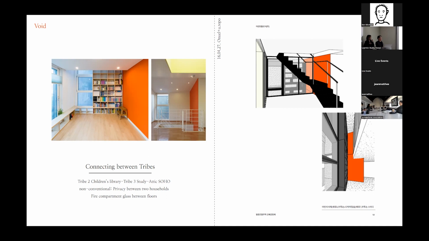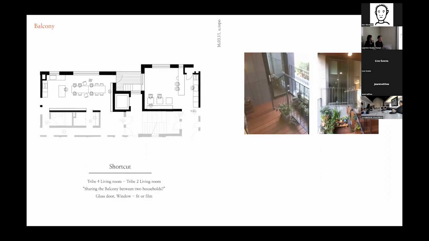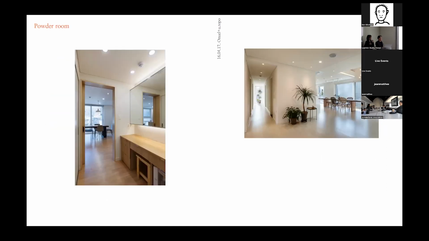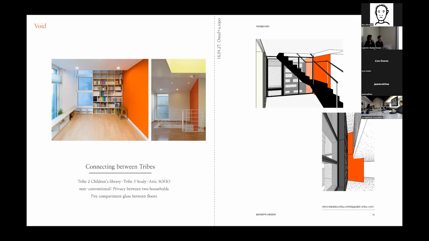So we proposed the void space from this children's library of the second floor to the upper floor, where the children's teachers of the after-school home live, and also to the attic floor where one of the children's parents is working as a SOHO attic.